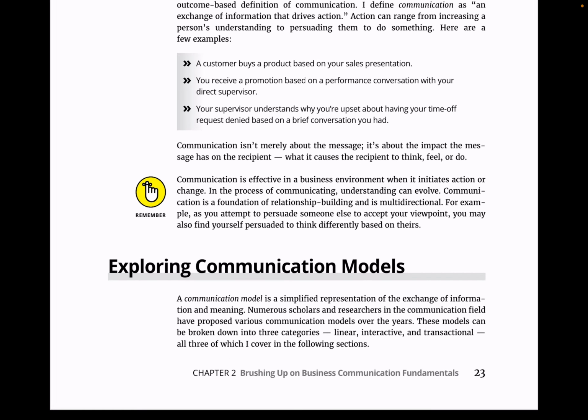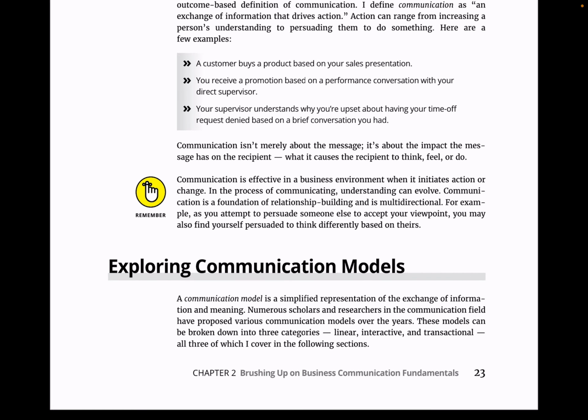Let's look at this one. Okay, so we have one example, I guess. So I've got here: one cannot not communicate. Oh, a difficult name, or many difficult names here. Watzlawick, I think so.